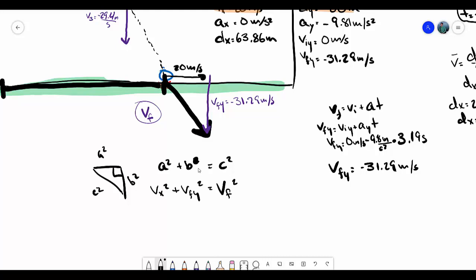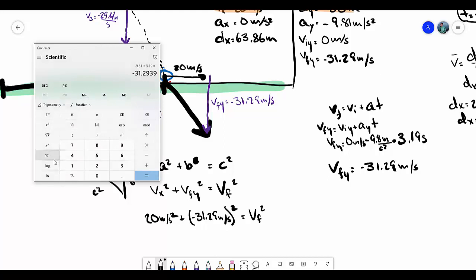So Vx squared is 20 meters per second squared plus Vfy squared, which we calculated to be negative 31.29 meters per second, squared, is equal to the final velocity squared.